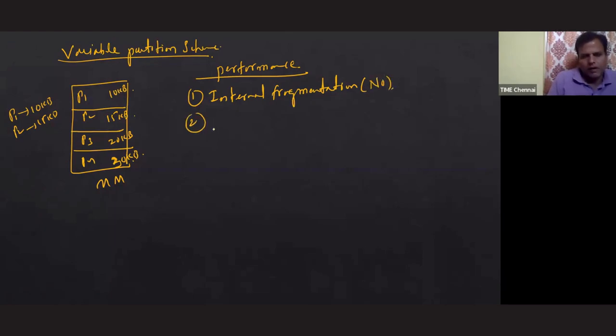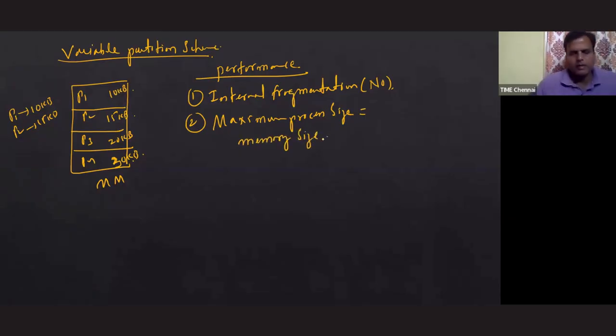Second one, maximum process size equals memory size. Initially memory is a large free chunk. Let's assume your memory size is 1 GB and the first process size is 1 GB. Obviously you will keep that process inside the main memory. That's why maximum process size equals the memory size.